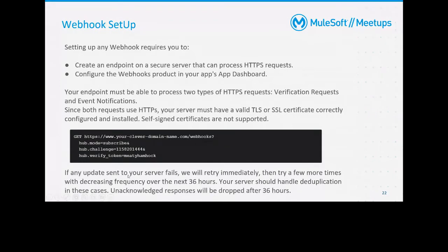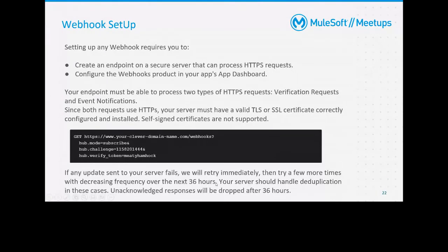If any update sent to your server fails, we will retry immediately, then try a few more times with decreasing frequency over the next 36 hours. Your server should handle deduplication. So if your business webhook is not responding to messages, maybe because your server is down, the Meta or WhatsApp server will try to send that notification again a few more times with decreasing frequency.